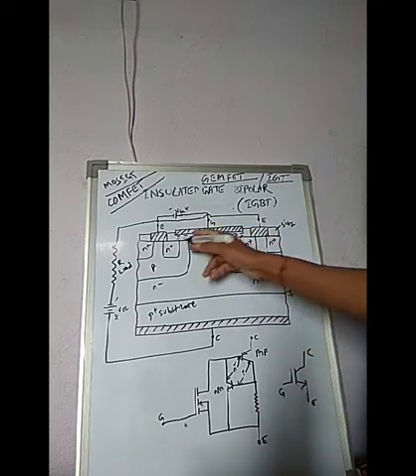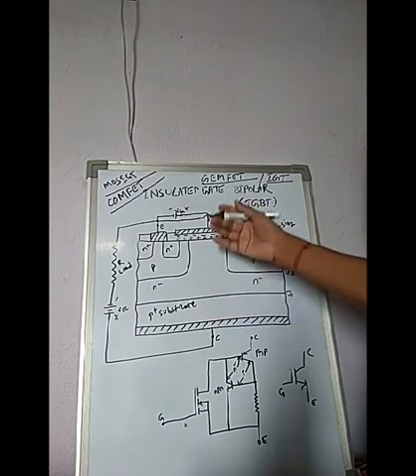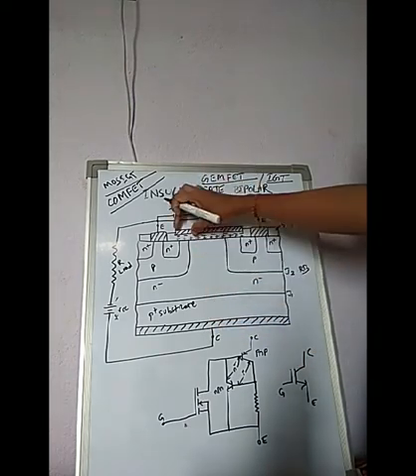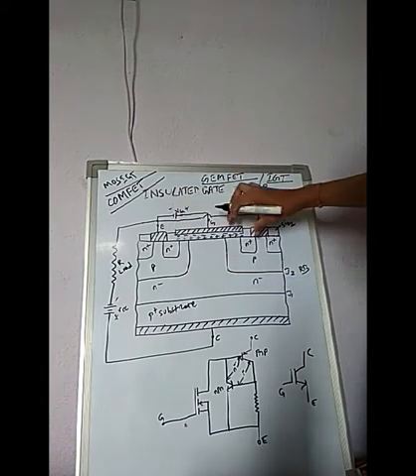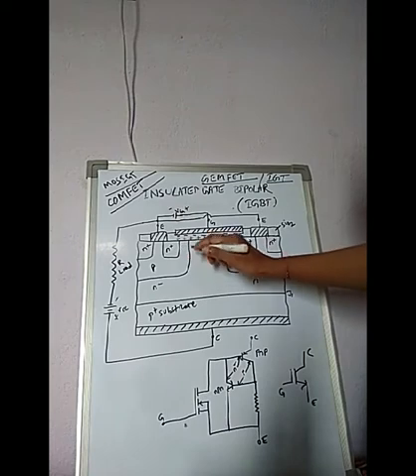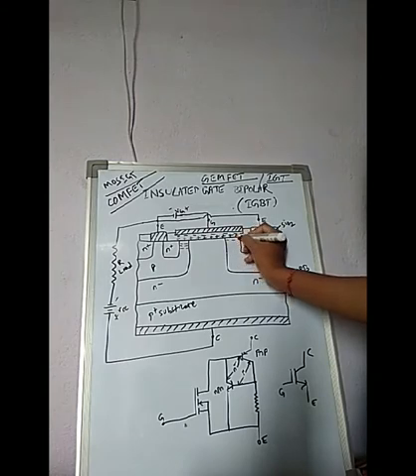Through these plus charges, by the induction process, just below the SiO2 layer in the P region, electrons are formed. These are called induced electrons.